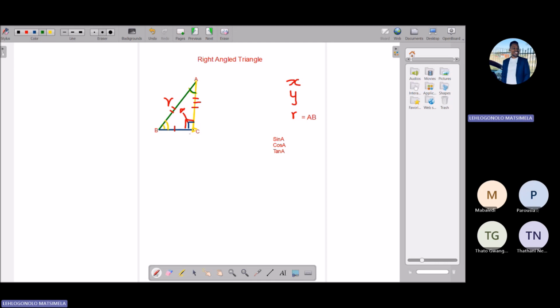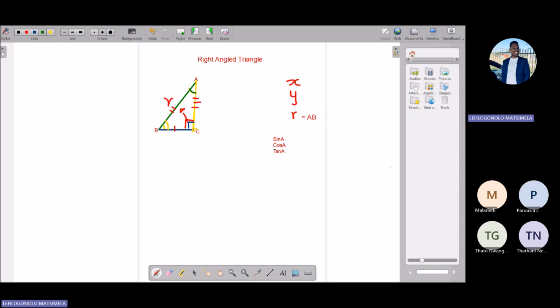These two lines are perpendicular, meaning they meet at a 90 degree angle. Now look at the line on which the angle is. Between the blue line and the yellow line, where is angle A? Angle A is on the yellow line, and the yellow line is line AC.